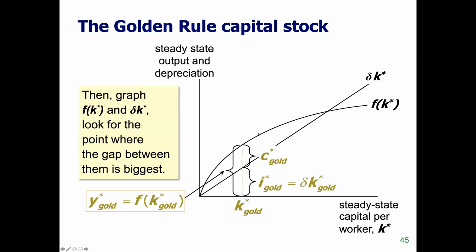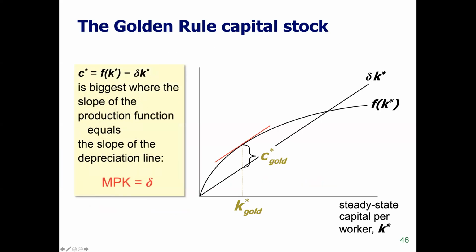But over here, the gap is narrowing as we go up because f prime of k star, that is the slope of f of k star, is lower than delta. Okay, so see, the steady state consumption is biggest where the slope of the production function equals the slope of the depreciation line. That is, where the marginal product of capital equals delta. f prime of k star is equal to the marginal product of capital.